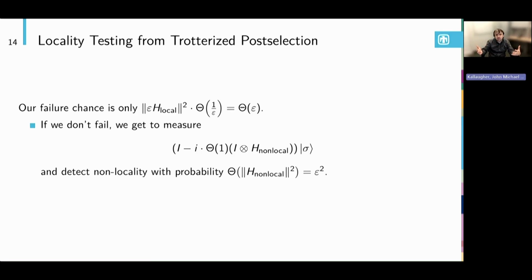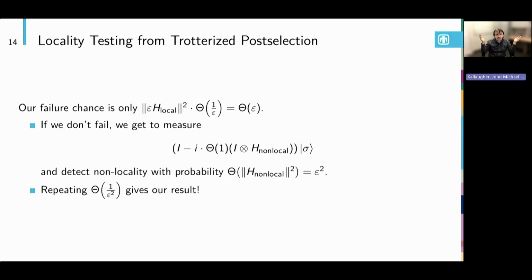And if we don't, we get to measure something that has a linear amount of non-local evolution applied to our starting state sigma, and will detect non-locality with probability proportional to the square of the non-local part, which again we get to assume is at least epsilon squared, because we're just trying to differentiate whether something is epsilon far from being local. And so that gets us our result.